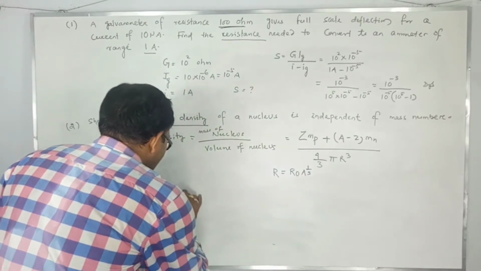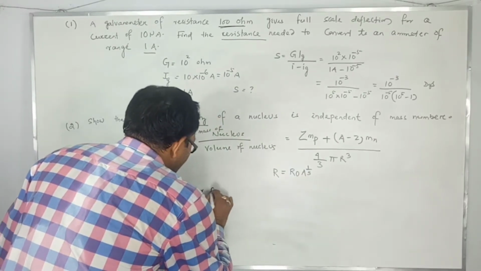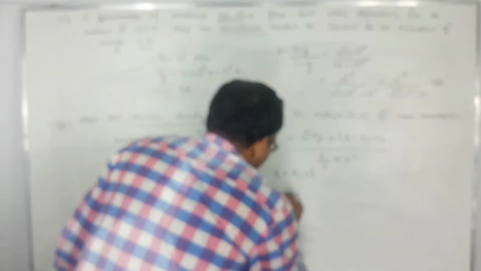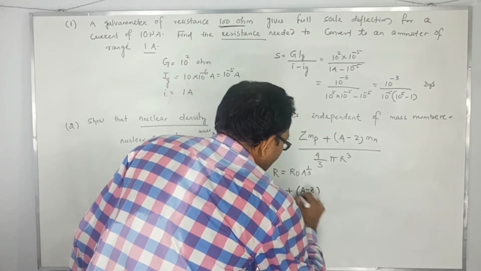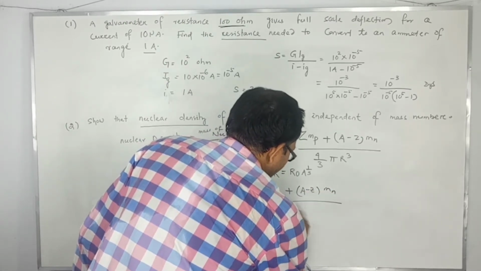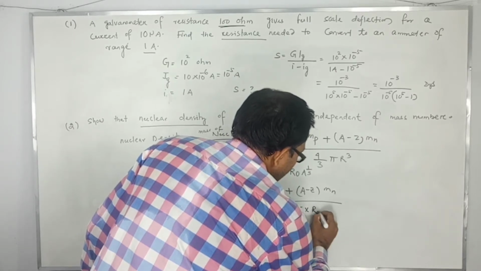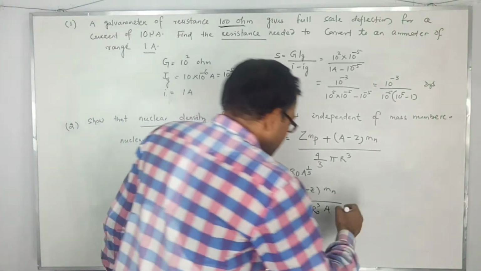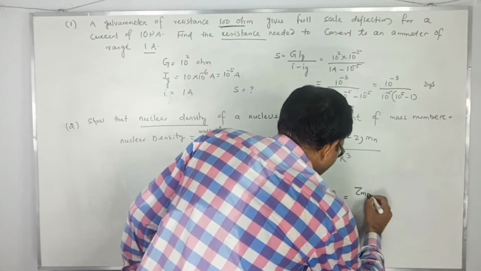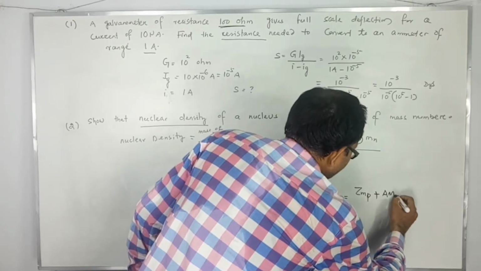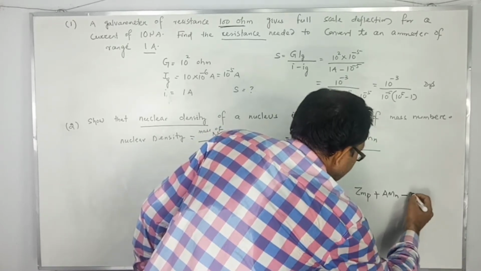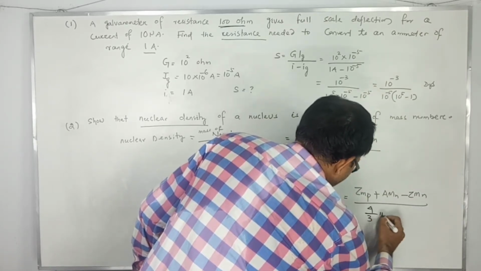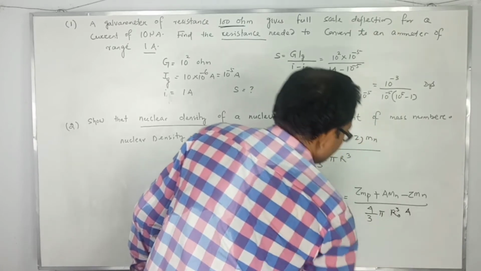Therefore, our answer becomes nuclear density as Z Mp plus A minus Z into Mn by 4 by 3 pi r cube, which means r0 cube into A. So we can calculate this one as Z Mp plus A into Mn minus Z into Mn by 4 by 3 pi r0 cube into A.